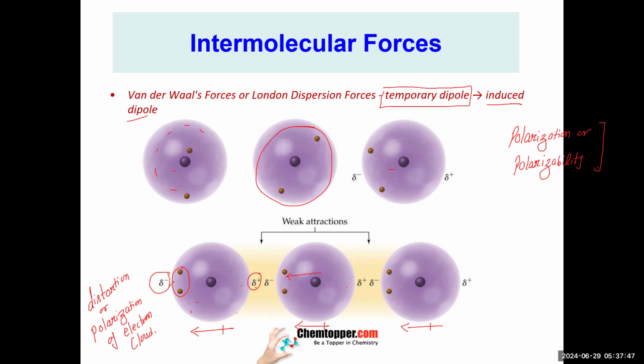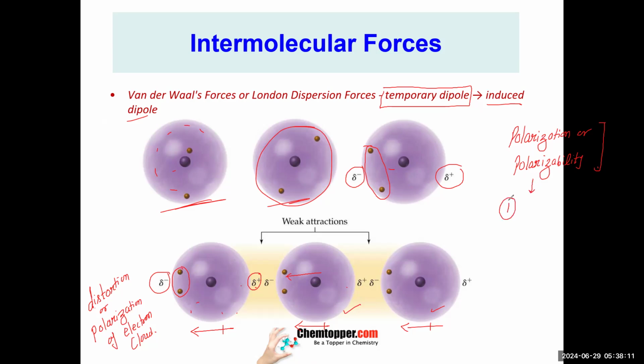This is polarizability. You can see this is totally non-polar. But all of a sudden, electrons have moved to one direction. So there is a partial negative, partial positive, which is creating partial negative, partial positive on the others. So polarizability is distortion of electron cloud. It depends on two factors.